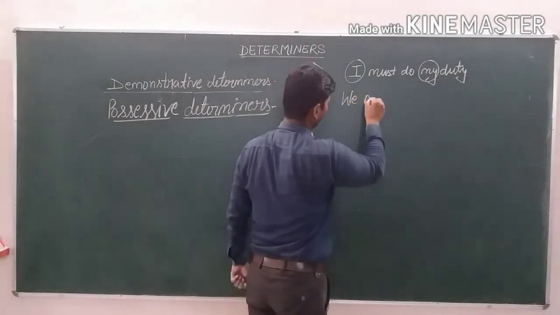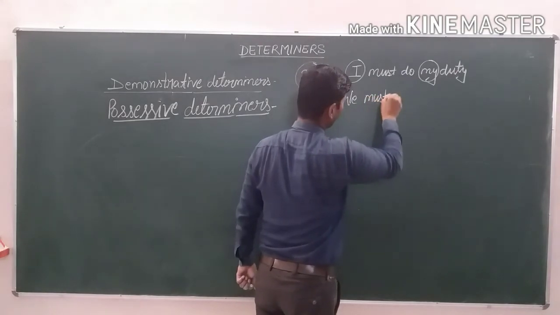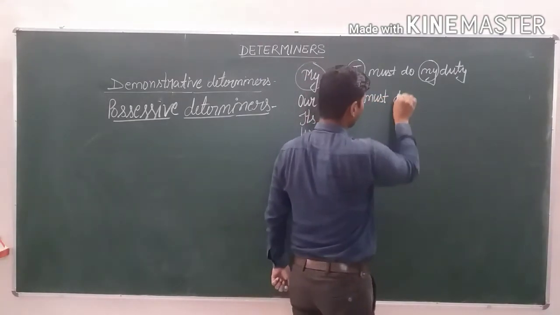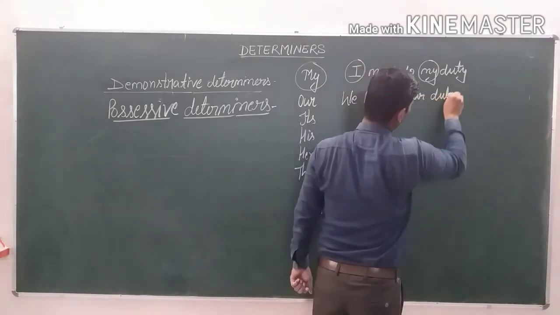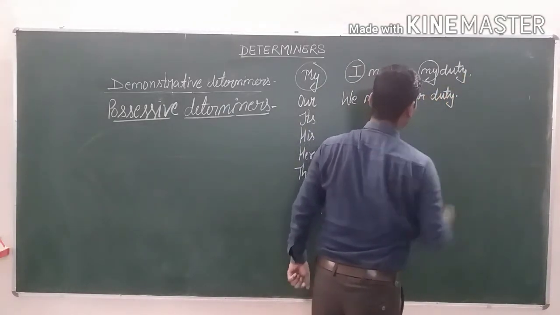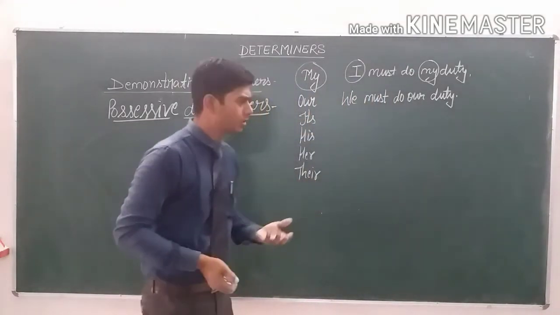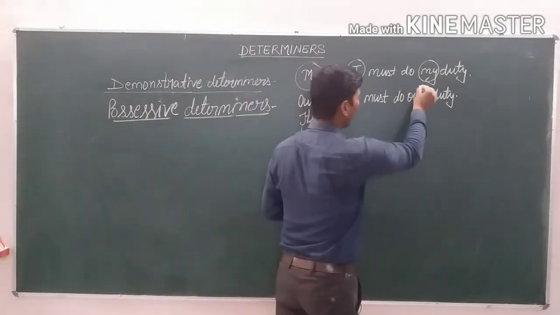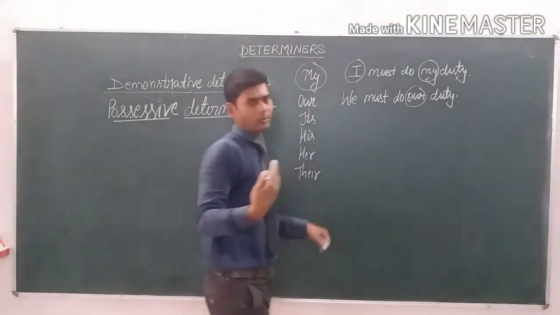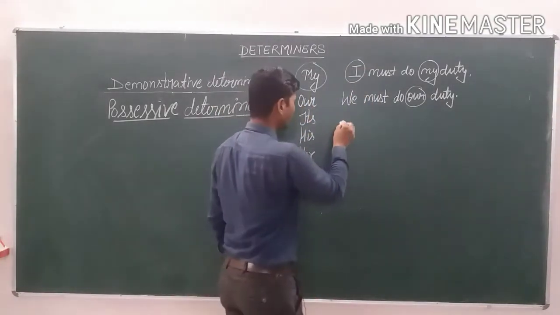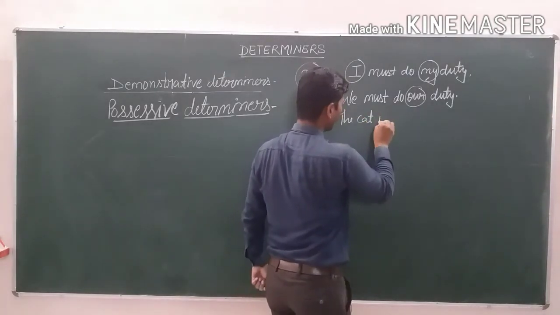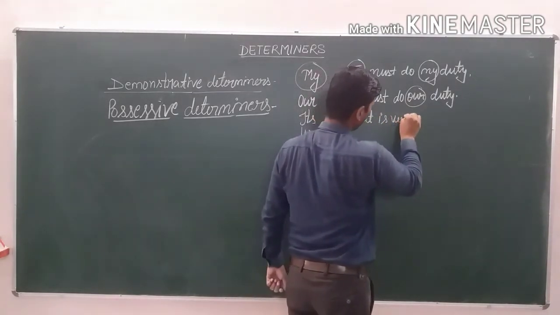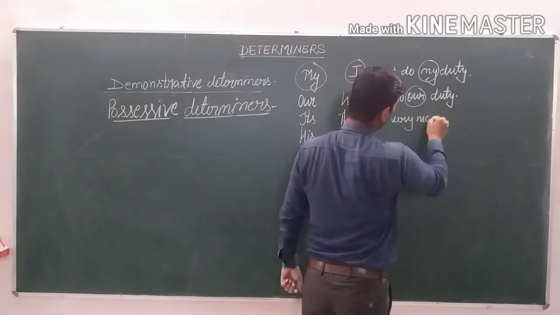Next one, we must do our duty. Sentence is the same. Here the word our is a possessive determiner. Next thing is that the cat is very nice.